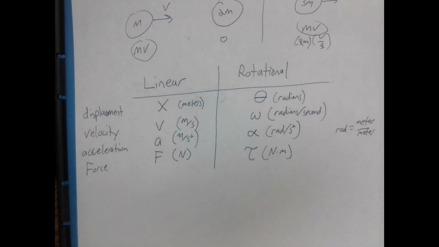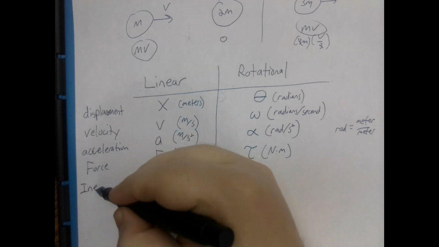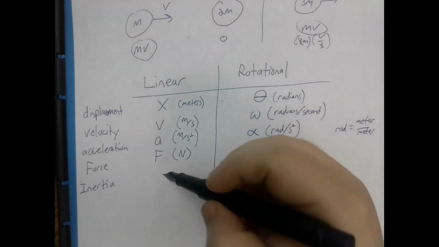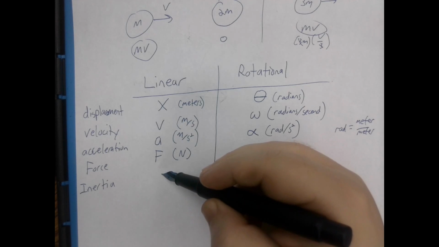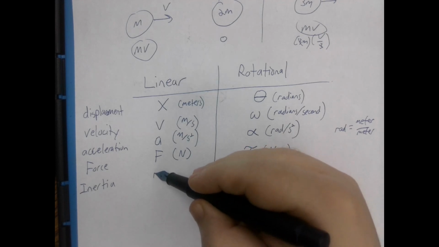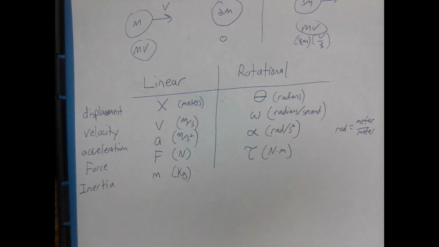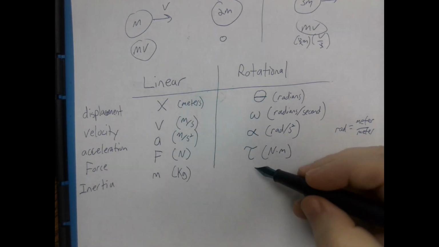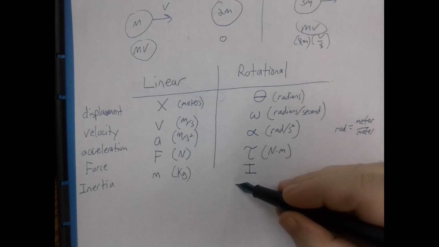There's another one. I'll think of it in a little bit. Oh, inertia. What is linear inertia? Mass, which is kilograms. And rotational inertia is moment of inertia.